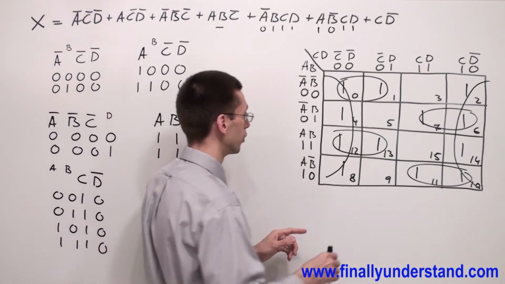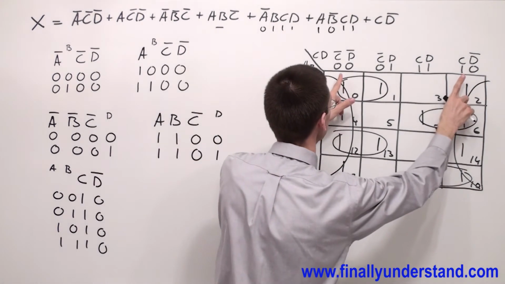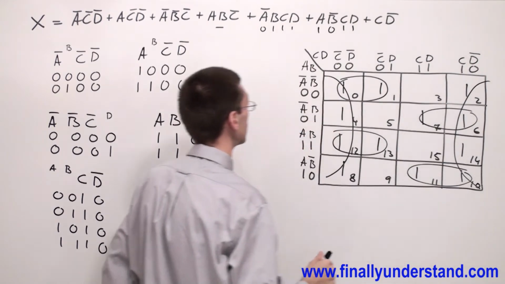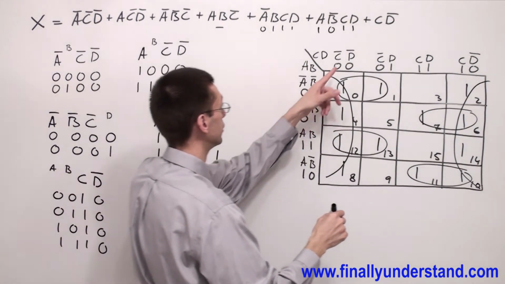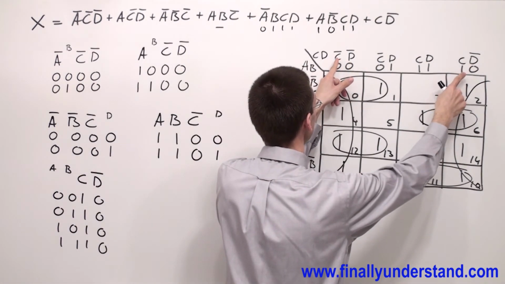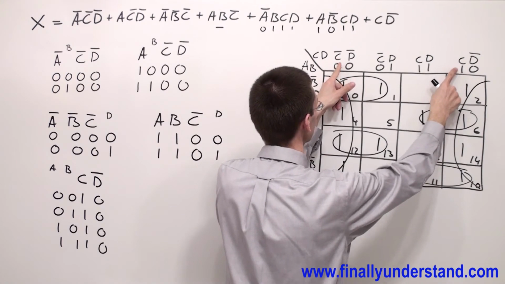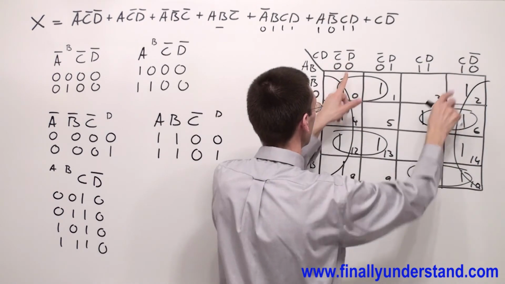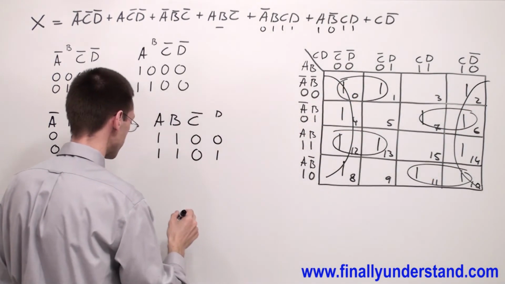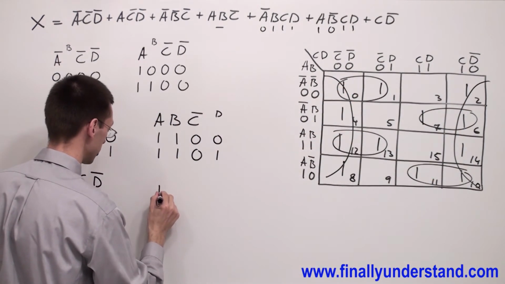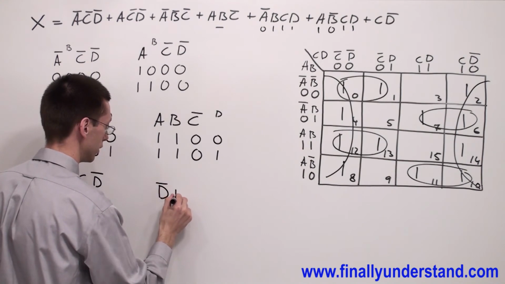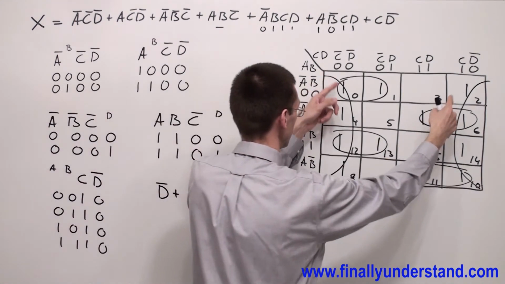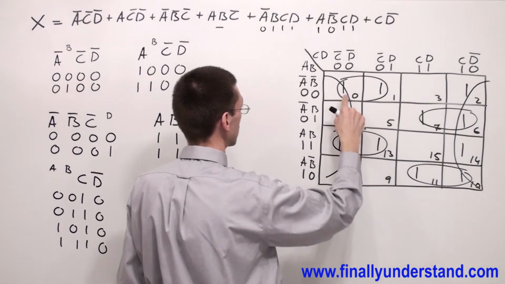The common variable for these 2 columns is D naught. D naught, D naught. C naught and C are complements. We said that we're going to ignore complements. That's why I'm going to copy down only D naught. So I have D naught. I'm finished with this big group. Let's take a look at this group.